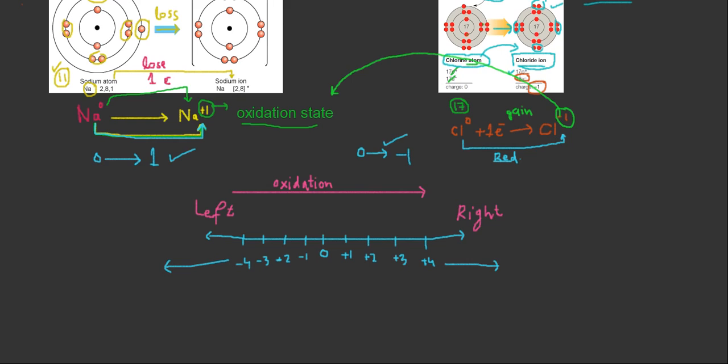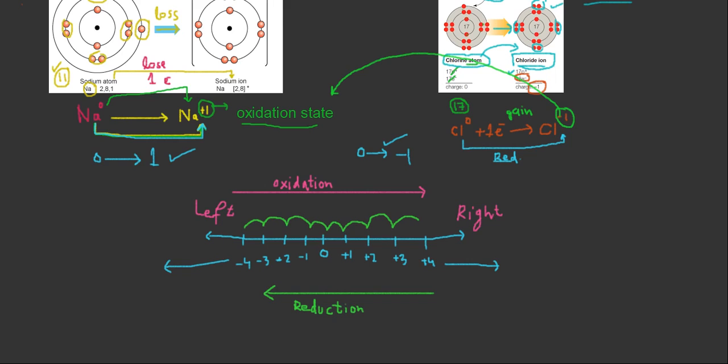But once you move from right to left, it means the numbers are decreasing. For example, from plus 4 to plus 3, plus 2, plus 1, 0, and then minus 1, minus 2, minus 3, minus 4. Since the number is decreasing, this would be reduction.